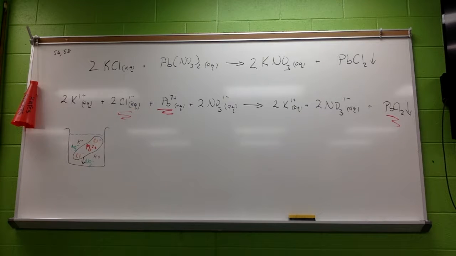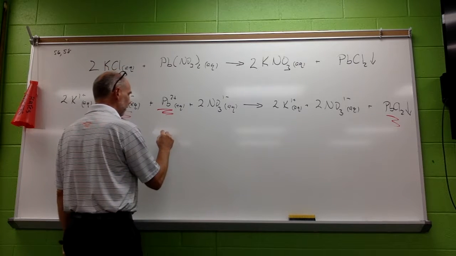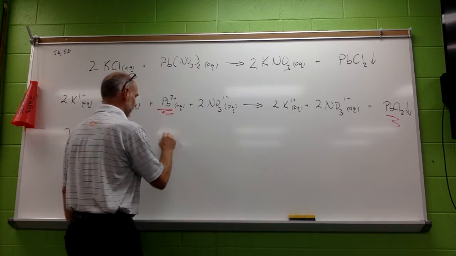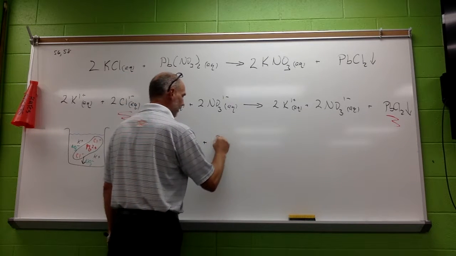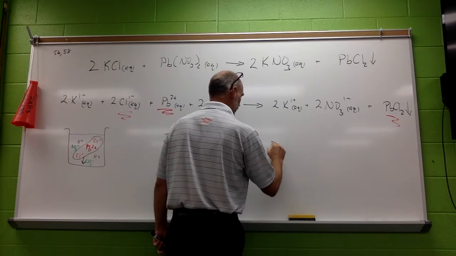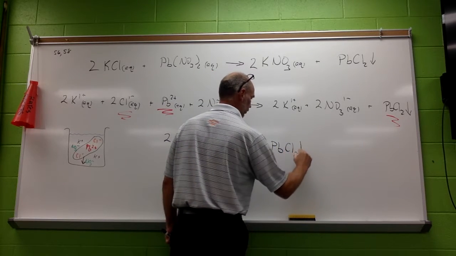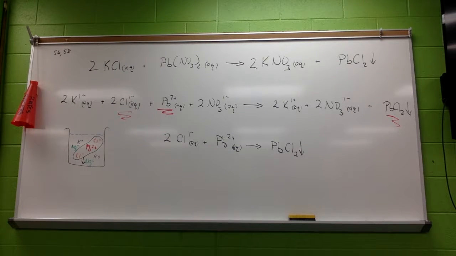Those are the only things that we need to put on here. So the net ionic equation is going to be, the way I've currently got it written, 2 chlorides plus a lead 2 ion producing lead 2 chloride. Boom. That's the reaction.